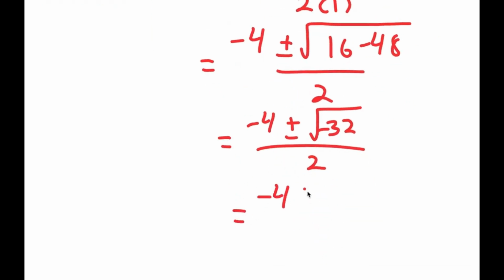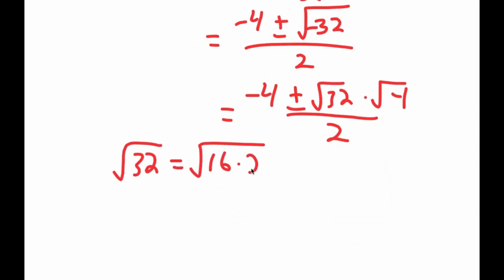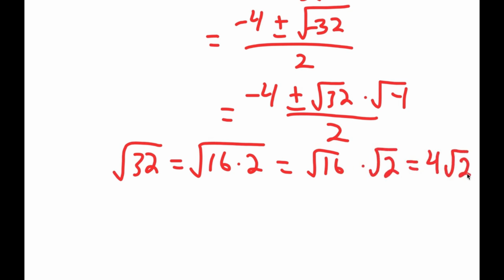And this is equal to negative 4 plus or minus the square root of 32 times the square root of negative 1 over 2. And the square root of 32 is the same thing as the square root of 16 times 2, which is the square root of 16 times the square root of 2, which is the same thing as 4 root 2.